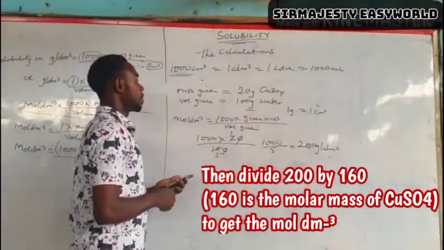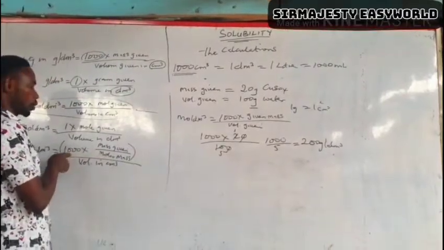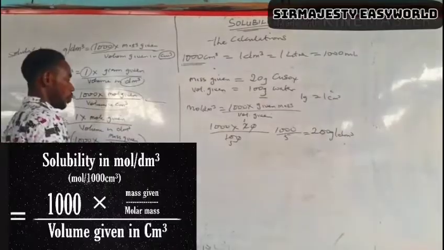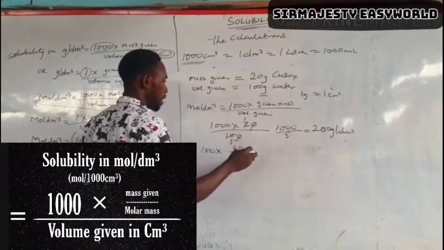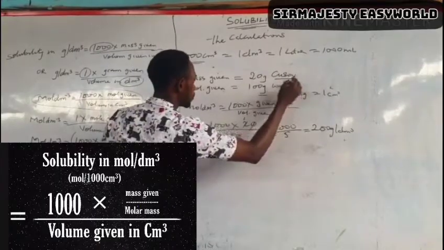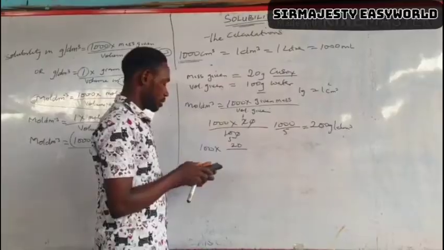So what do you do? Remember, use this one now. To get the mole per dm³, you can solve straight by saying 1000 times mass given, which is 20, all over molar mass. Molar mass of what? Copper(II) tetraoxosulphate(VI). So let me look at the question well.